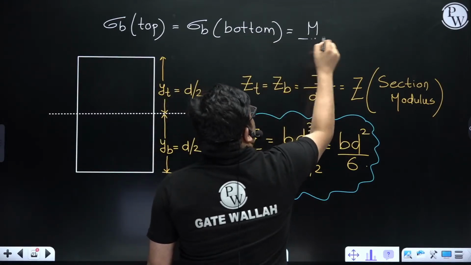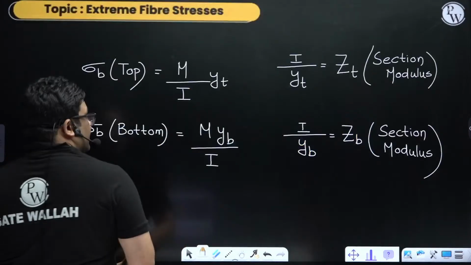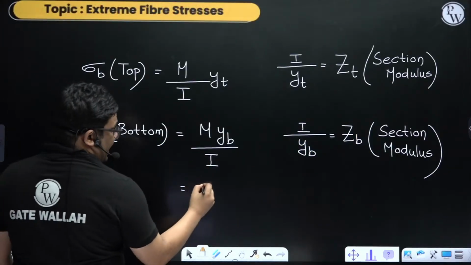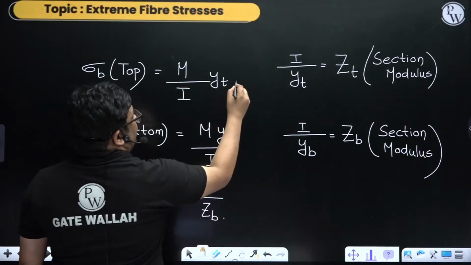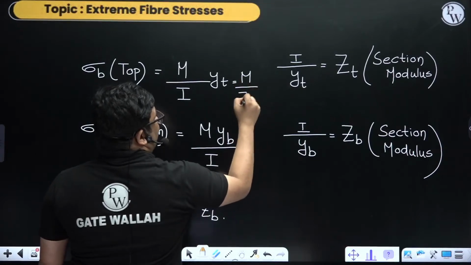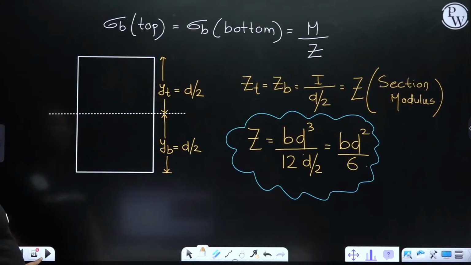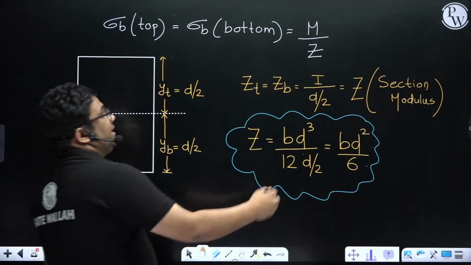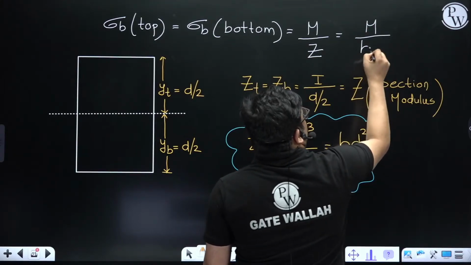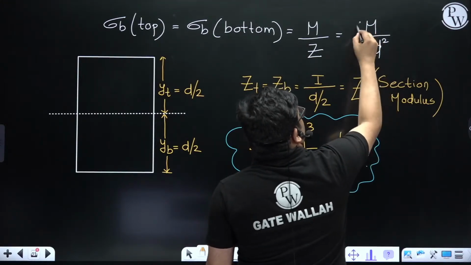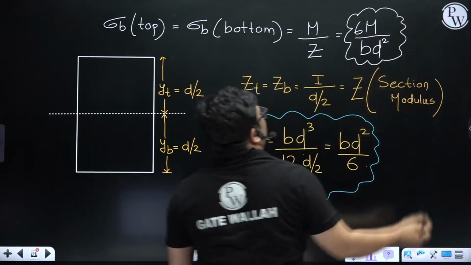M by Z. This is M by Z bottom, and here it is M by Z top. Since Z is the same, I can simply take M by Z, where Z is BD square by 6, or I can say 6M by BD square. This is for a rectangle.